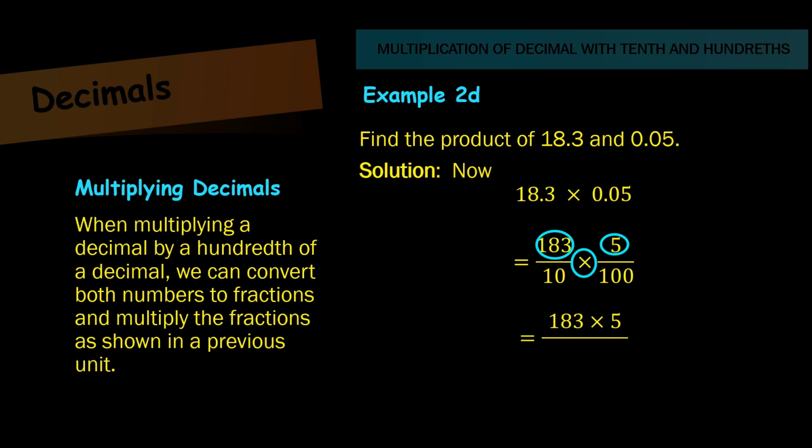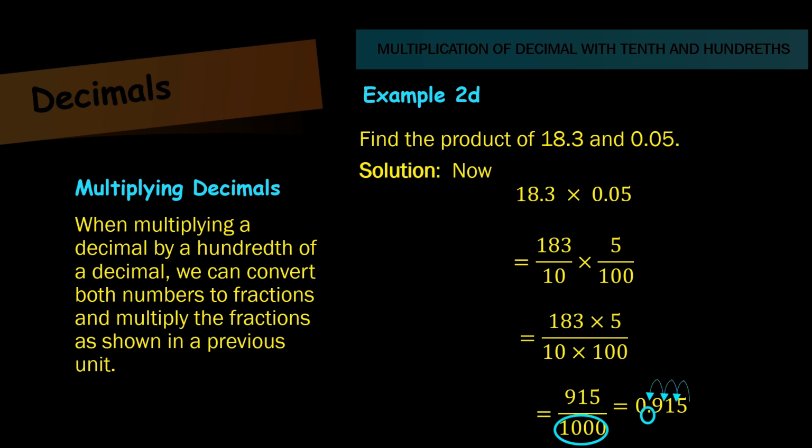Then multiply the numerator by the numerator and the denominator by the denominator to give 915/1000. And this, of course, is equal to 0.915. The decimal point has moved 3 places to the left since we're dividing by 1,000.